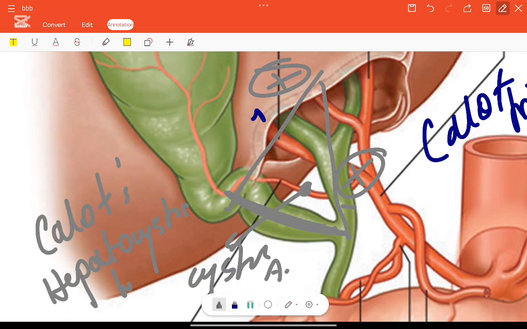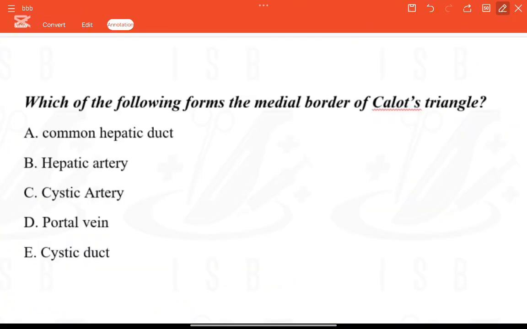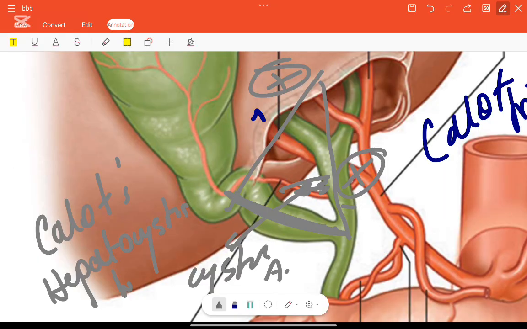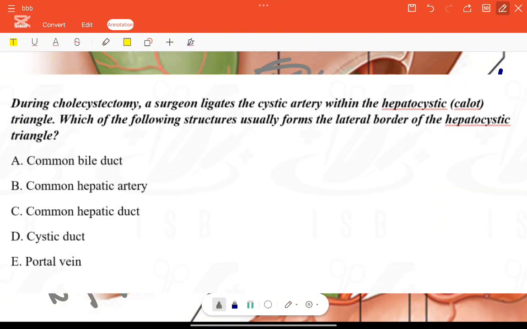Okay, let's see another example. Which of the following forms the medial border of Calot's triangle? Of course, medial is common hepatic duct, so it's option A. Let's see another example. During cholecystectomy, a surgeon ligates the cystic artery within the hepatocystic Calot's triangle. So here in the question they treat it like the same.